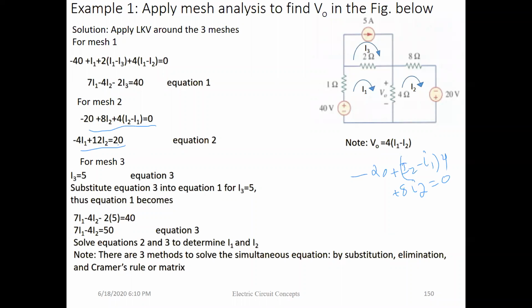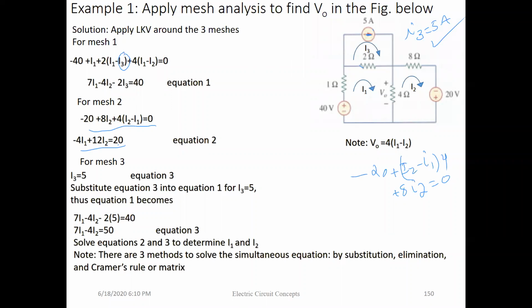Now for mesh number 3, because see the current here, we don't do the KVL, we don't multiply 2 times I3, we just find that I3 is equal to 5 amps. So this is already determined. So now we go back here, whenever we have I3, we plug in the value 5.